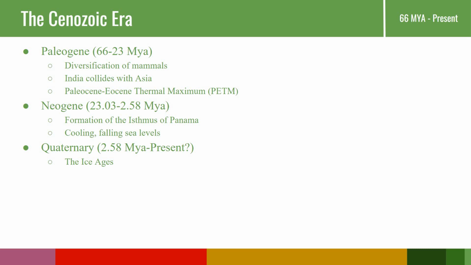And that, as well as general trends going on Earth at that time, lead to cooling and falling sea levels on Earth, which eventually gets us to the Quaternary, which encompasses the most recent ice ages from around 2.5 million years ago to the present.